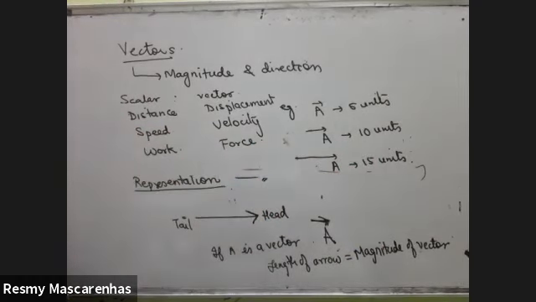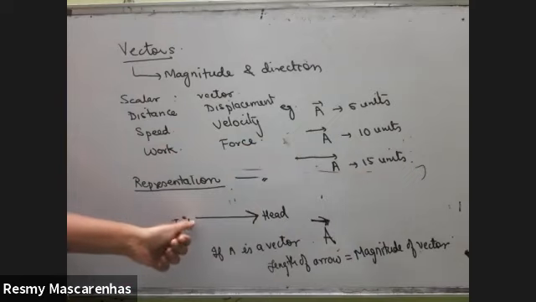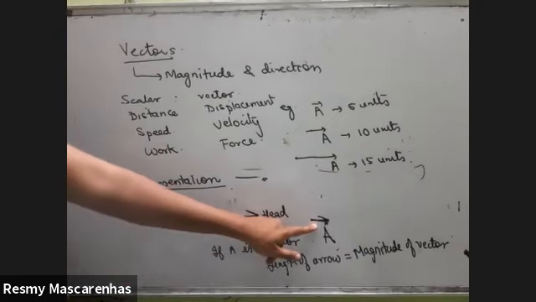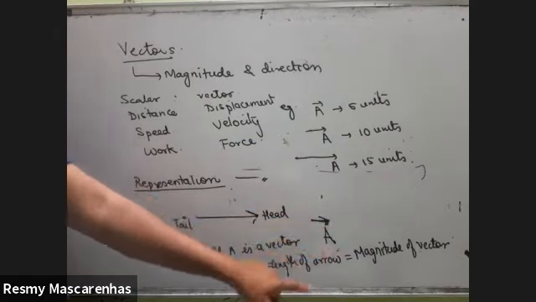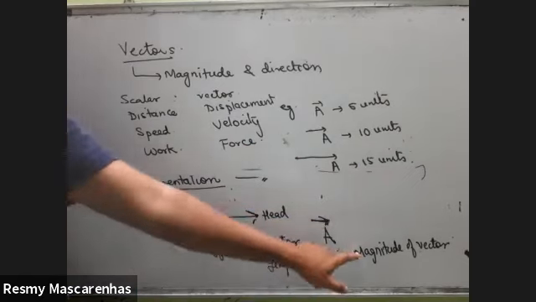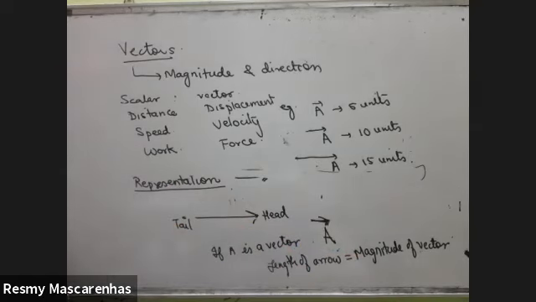So this is about the representation. Any doubts in this you can ask. Basic thing, this is always the tail, this is always the head. To represent a vector we have to put the vector symbol like this, and the length of the arrow is always equal to the value. Magnitude means, I told you, always the value of the vector.